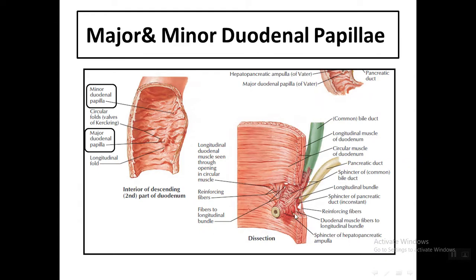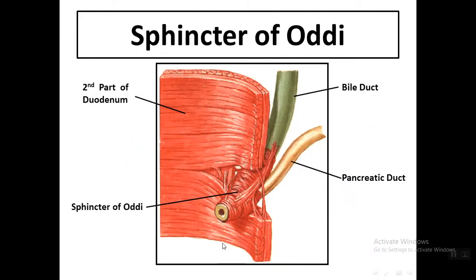This opening is guarded by a sphincter called the sphincter of the hepatopancreatic ampulla, or another name, the sphincter of Oddi. It will regulate the passage of bile and pancreatic juices into the lumen of the duodenum.